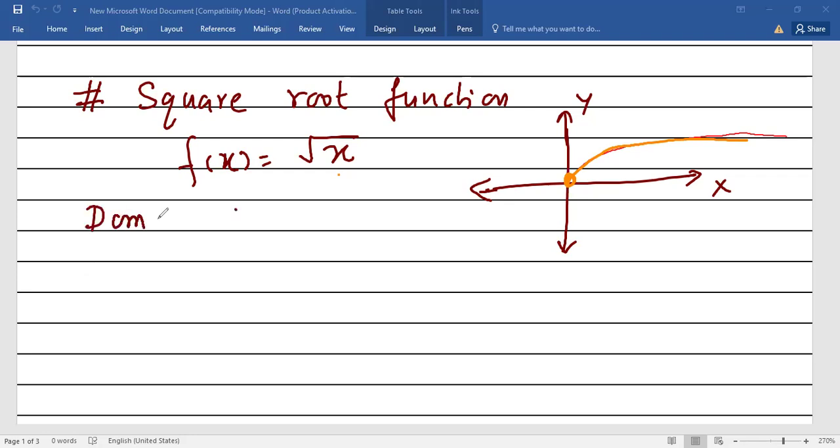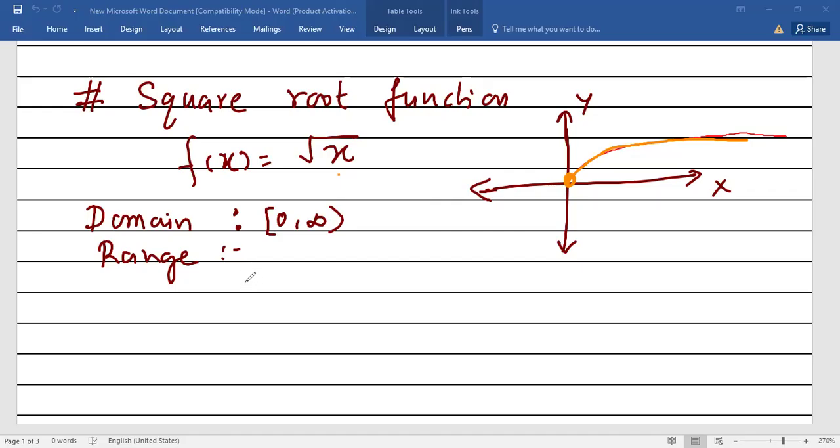So what will be the domain? It's 0 to infinity. So is 0 included? Yes, it's included. Perfect. And what will be the range?